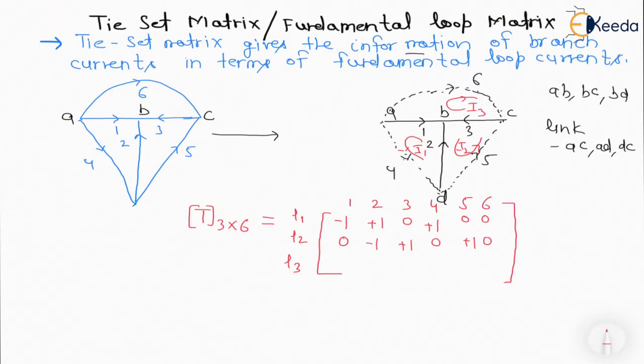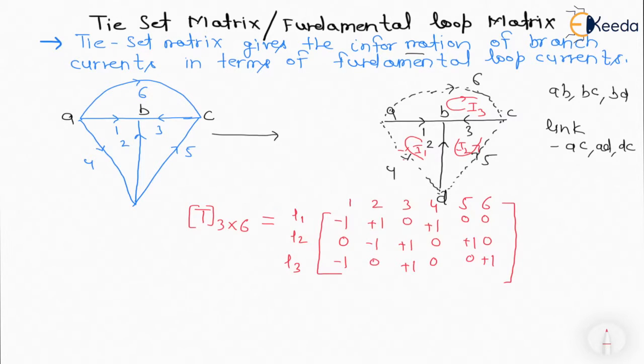For L3, 6 will be plus 1, and 1 is in opposite direction, so here it will be minus 1, and 3 is in direction with I3, so here it will be plus 1, and the rest of them will be 0, 0, 0. So here we have written the fundamental loop matrix or tie-set matrix.